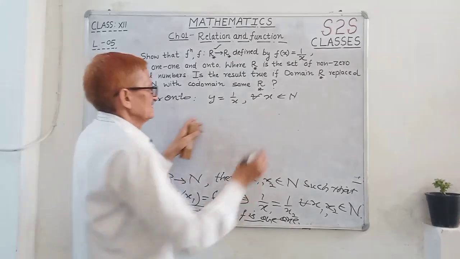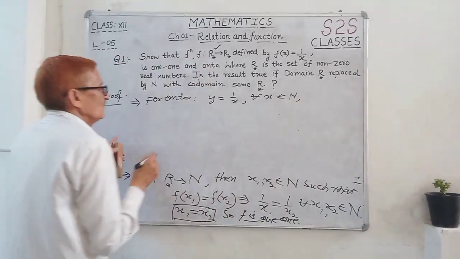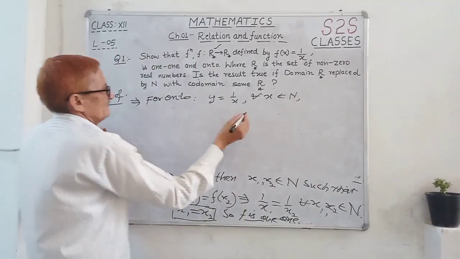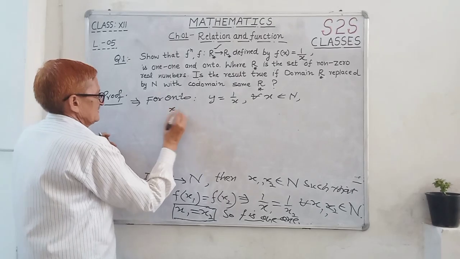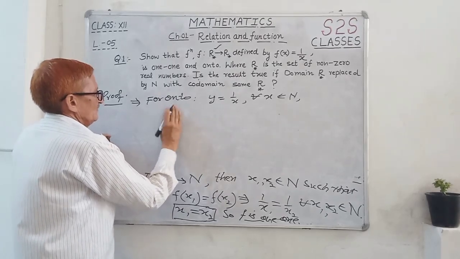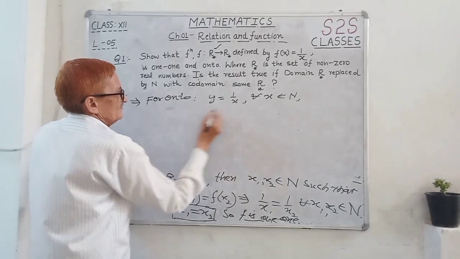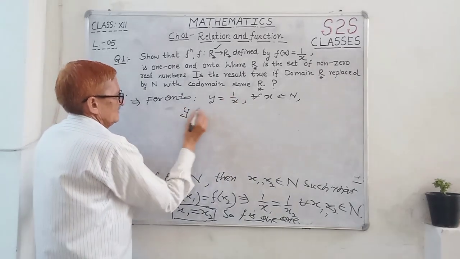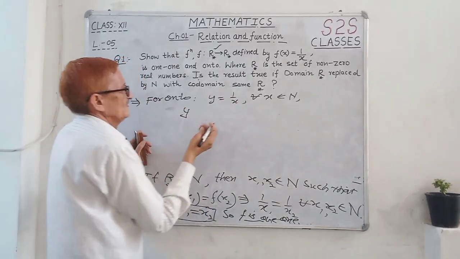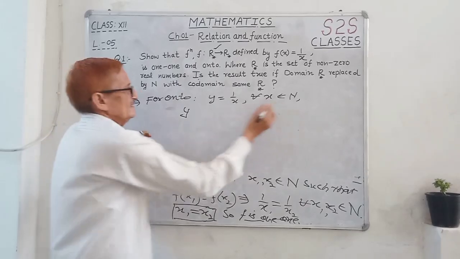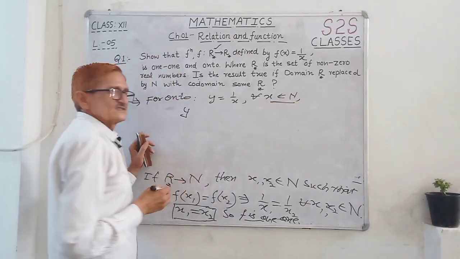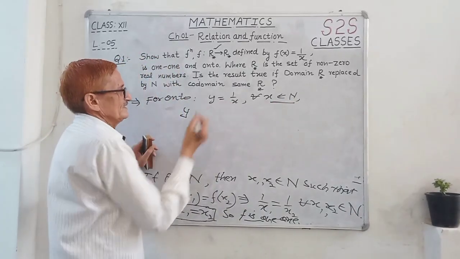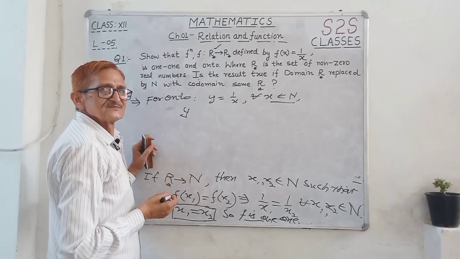Okay, like this. Now for natural numbers, if x is a natural number, first natural number gives 1 upon 1 which is 1.